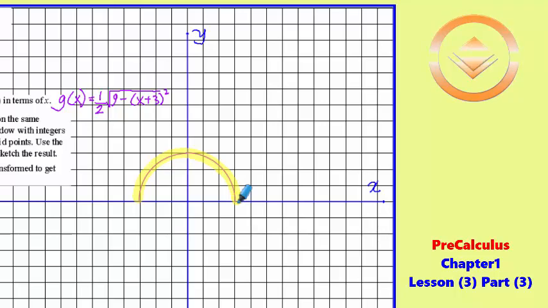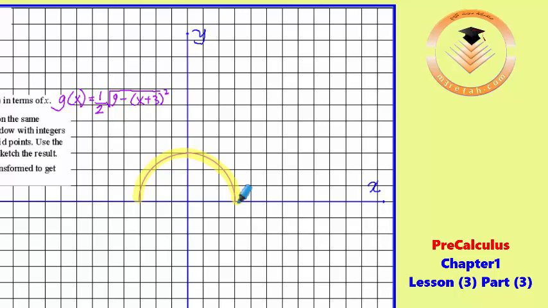Now as you notice, there is a vertical dilation, a reduction, a shrinkage of 2, a factor of 2.